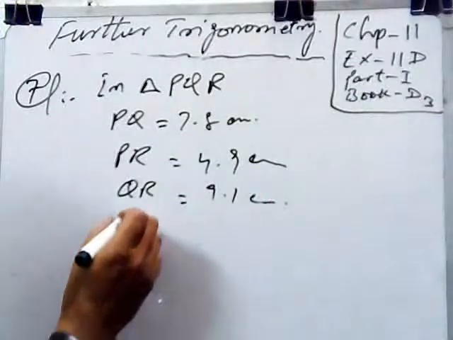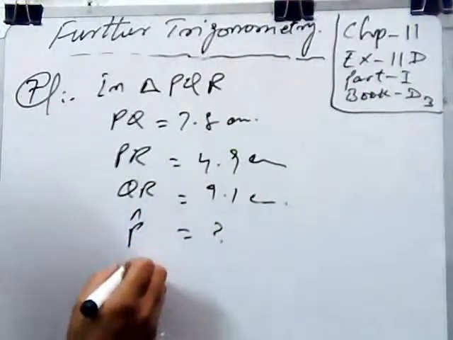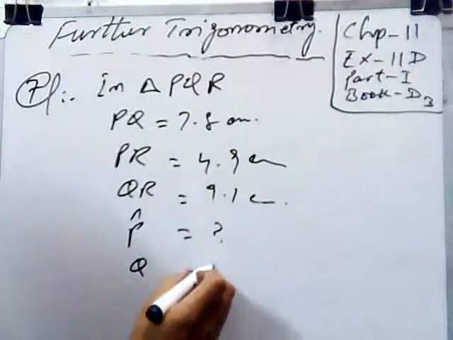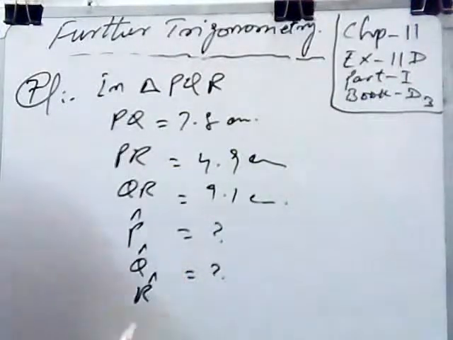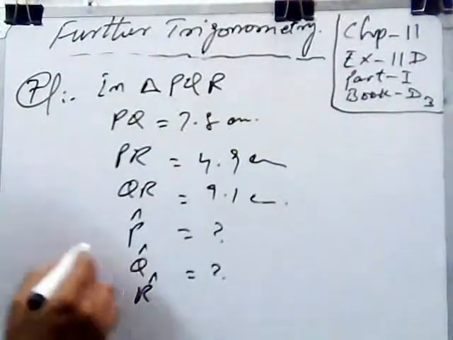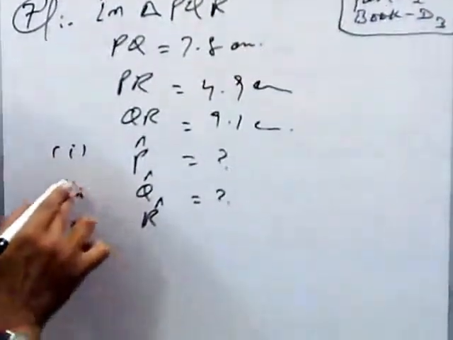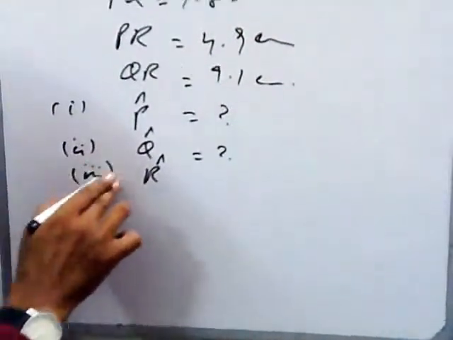We have to find the angles P, Q and R. So we have to find all three angles. First, to find P using cosine rule. First, that is your first part, second part and third part.